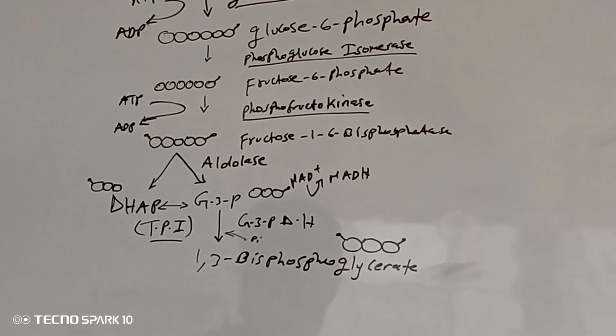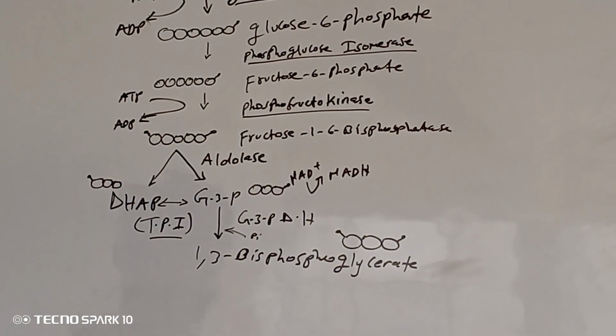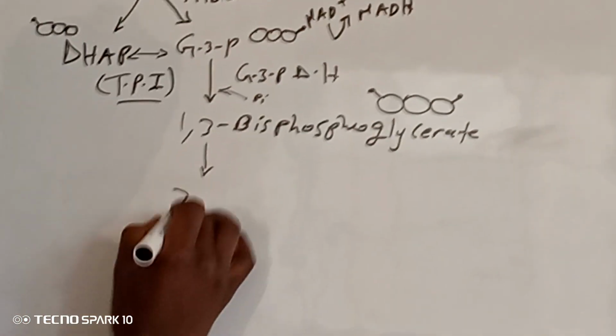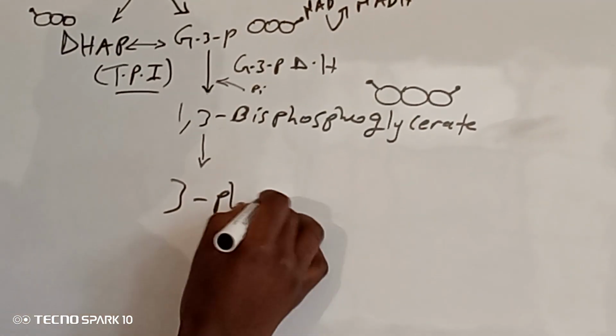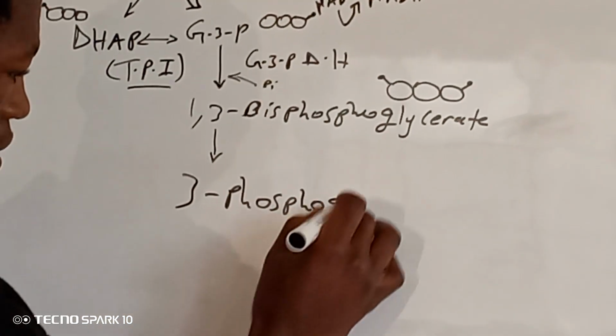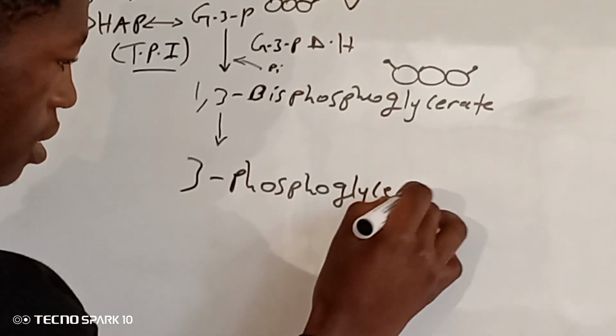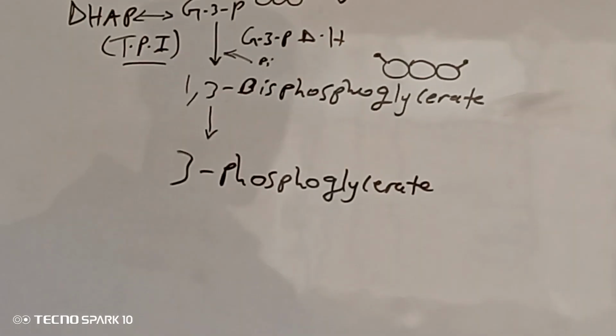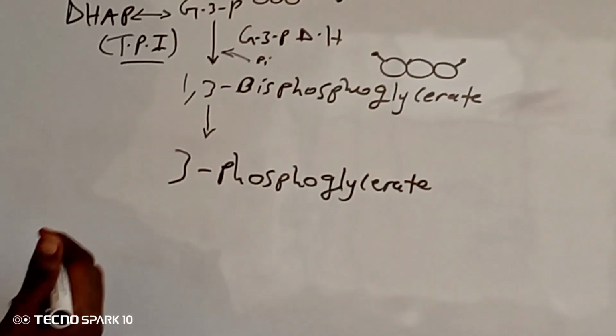Alright. Now, let's go down. From 1,3-bisphosphoglycerate, we are going to have another enzyme working on this one, so that we can now have 3-phosphoglycerate. We've gotten rid of that phosphate group. Now, what's the name of this enzyme?